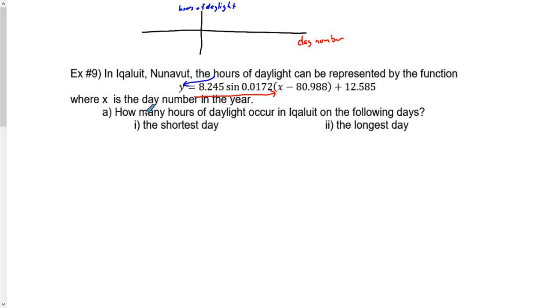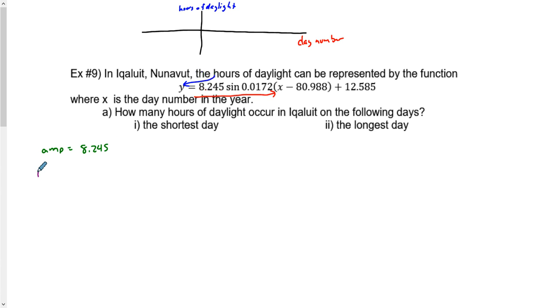We have a whole bunch of transformations here. First one is how many hours of daylight occurred in Iqaluit on the following days. The shortest day and the longest day. So let's deal with the graph of it. So if we are to graph this, we identify a few things. First off, the amplitude is going to be 8.245.